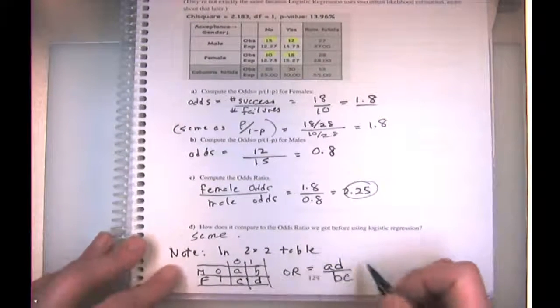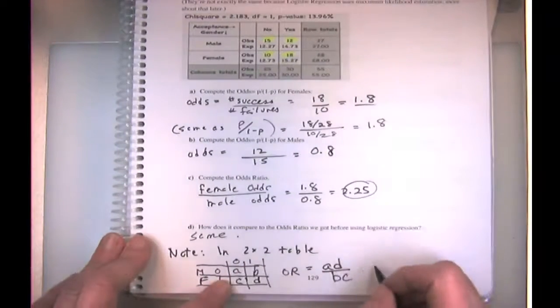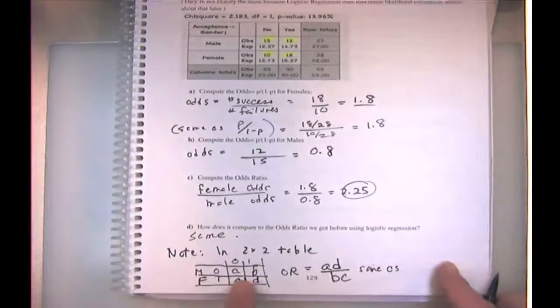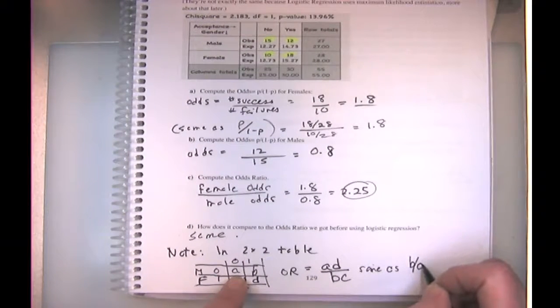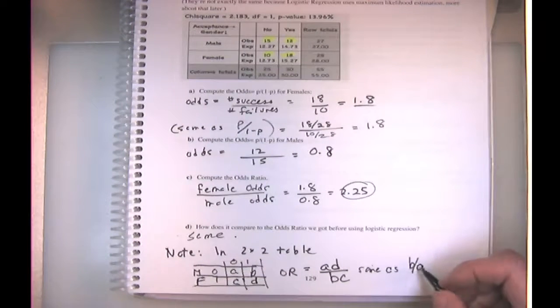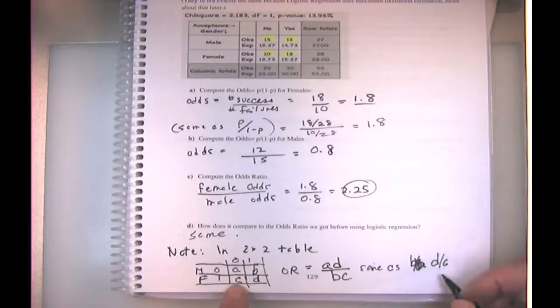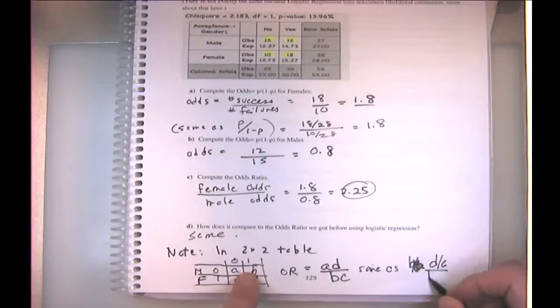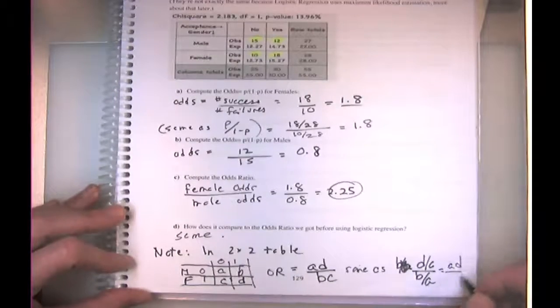The way we figured it out was this: the odds are the probability of success over the probability of failure, that's B over A. Oh, because females are coded as 1, I'd have to do D over C over B over A, and that's the same thing, which is equal to AD over BC.